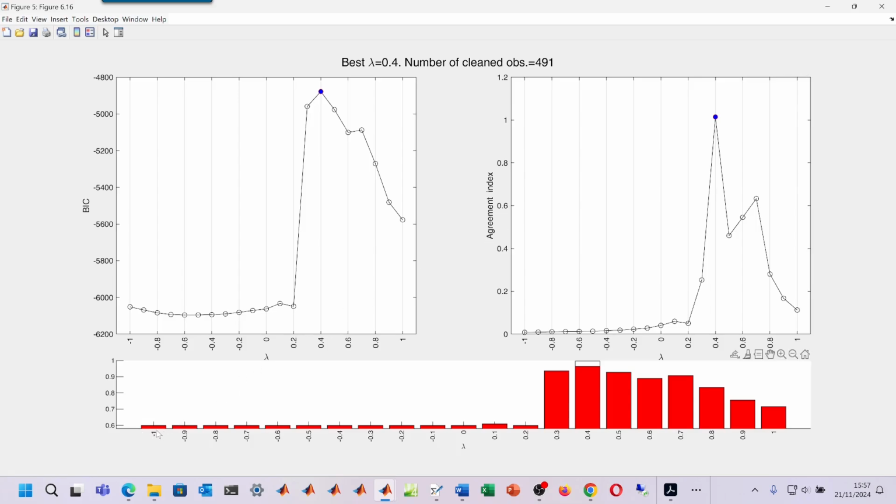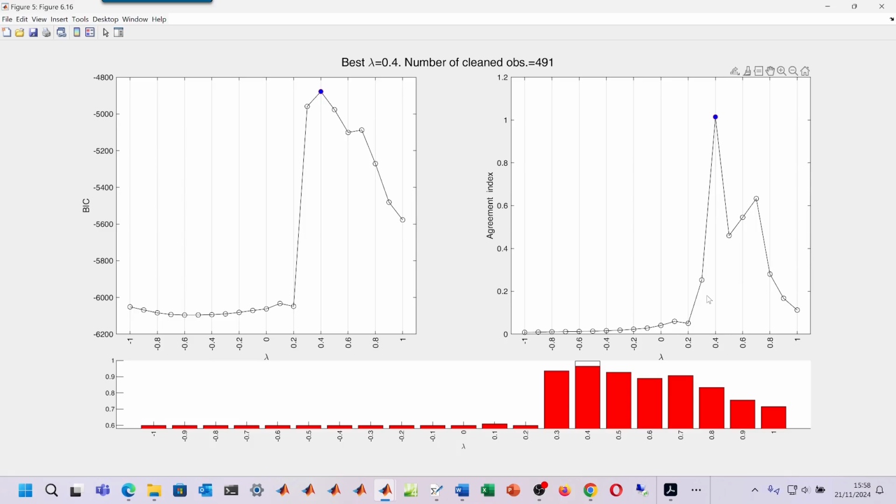Note that from lambda equal to -1 up to 0.2, you detect a very high number of outliers, then with 0.3, and then 0.4. With 0.4, you end up excluding a very small number of observations. And 0.4 indeed seems the best value of the transformation parameter, in three ways: in the two indices and also in having the smallest number of outliers identified.